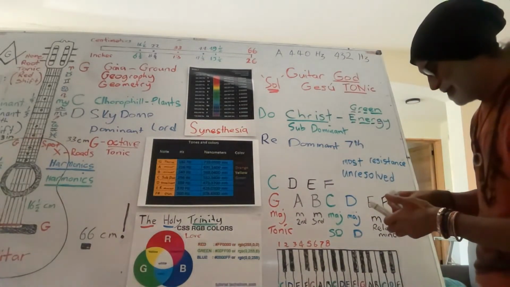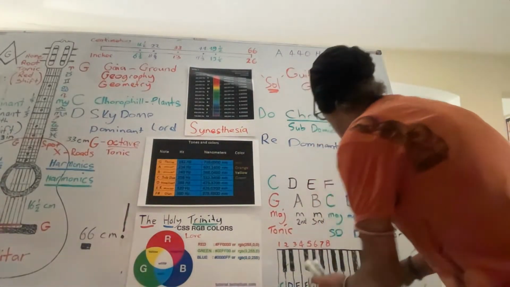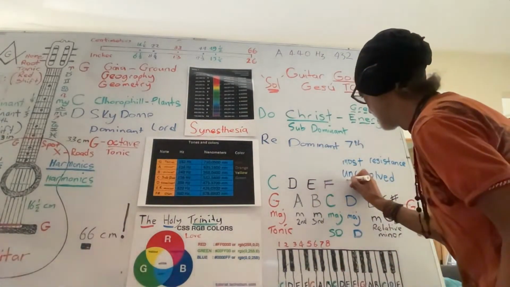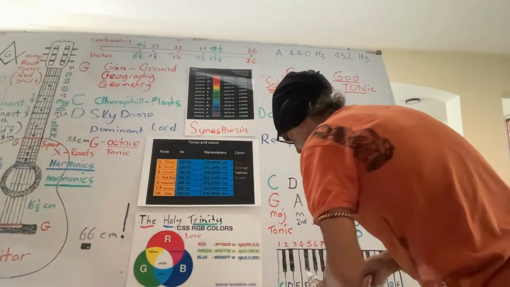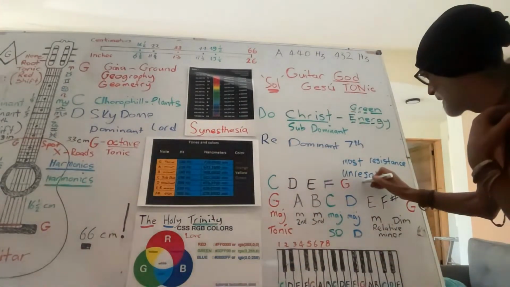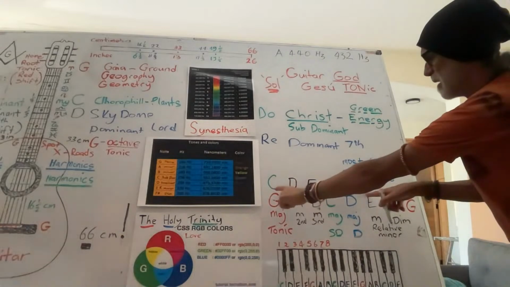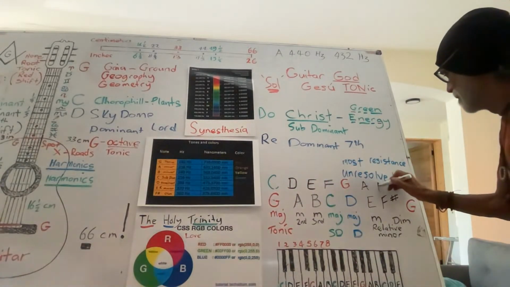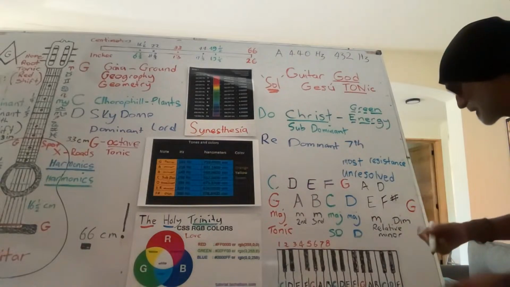Just about got it. Then G is going to be the dominant. All right, G, and then A will be the relative minor to C. B will be diminished. And then you go back to C.